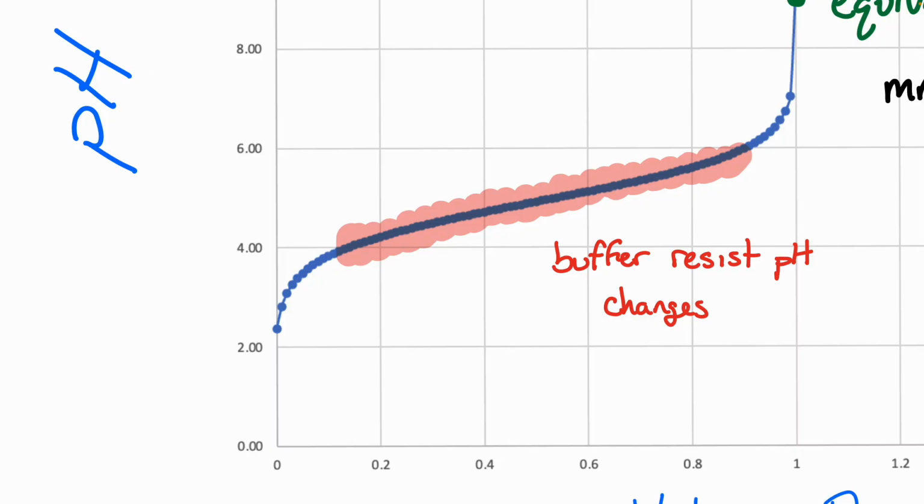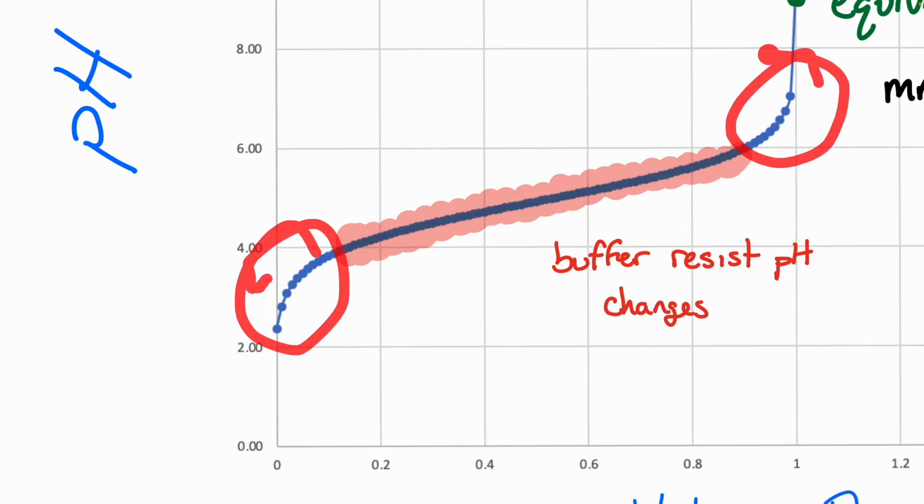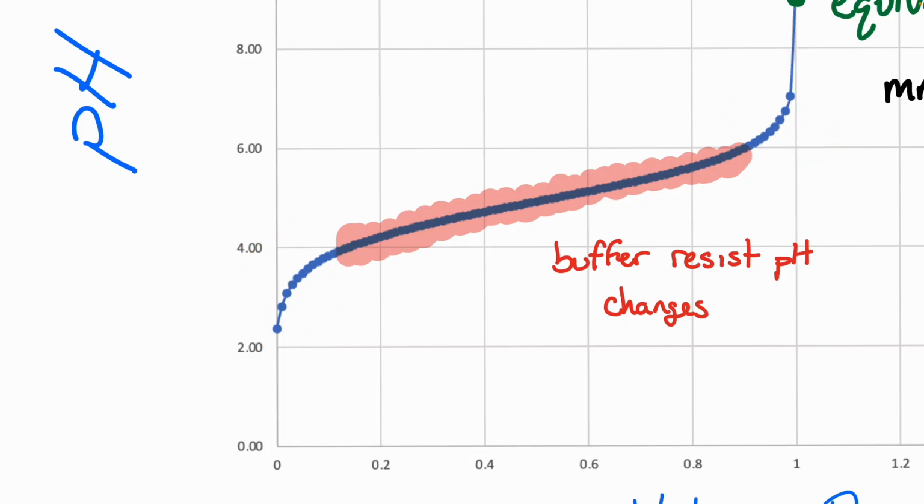So then why would it be really bad at resisting pH changes over here and over here? Well, remember we have that effective buffer region. A buffer is only good within plus or minus 1 units of its pKa. So these regions out here are now outside of my effective buffer region, which is why it's no longer able to resist changes in pH. All right, we are now here outside that effective buffer region.